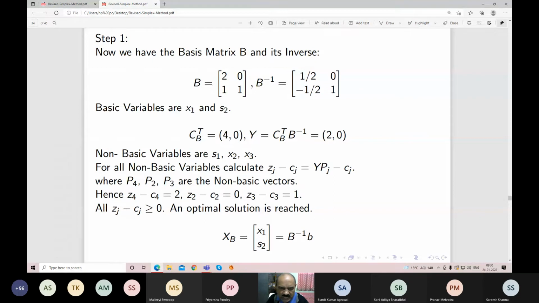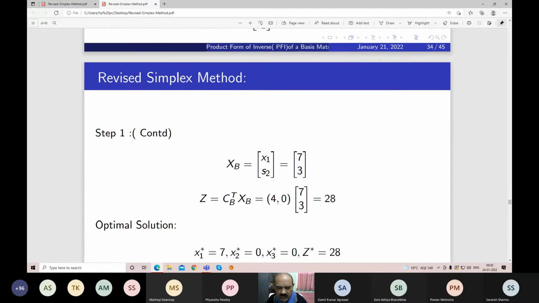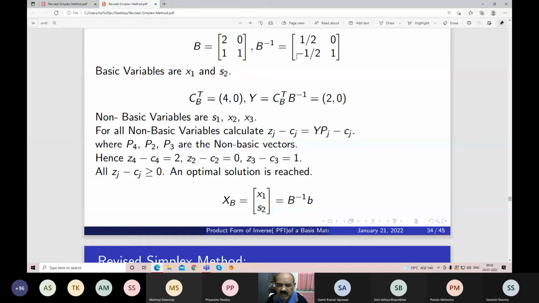Our optimal solution xb equal to B inverse into small b, where the basic variables are x1 and s2. Here small b equals 14 and 10.